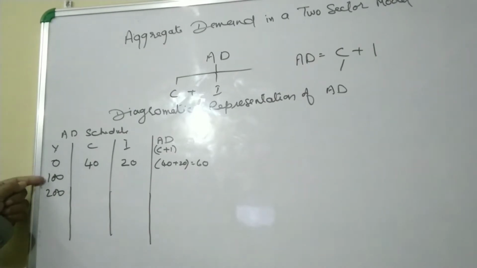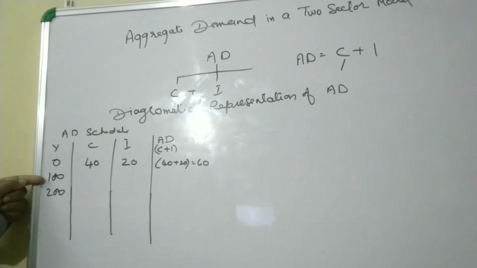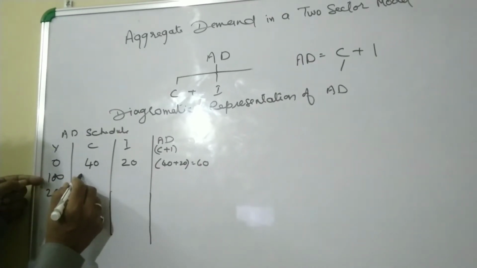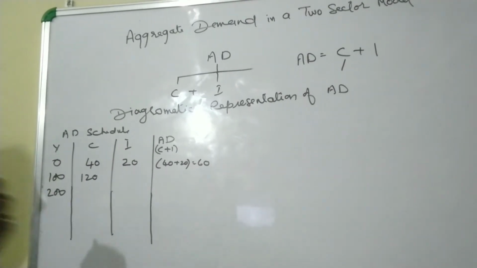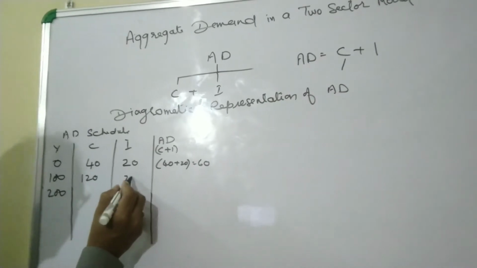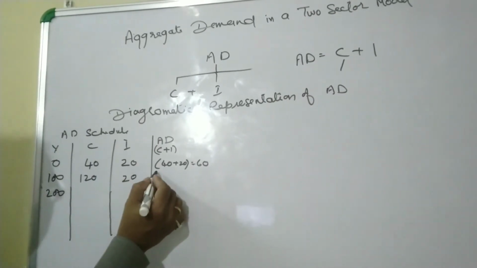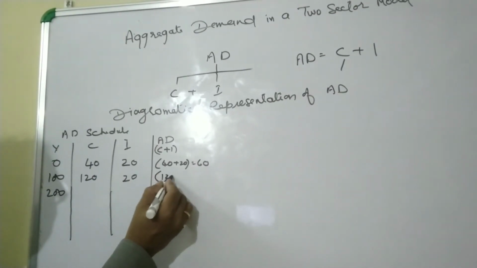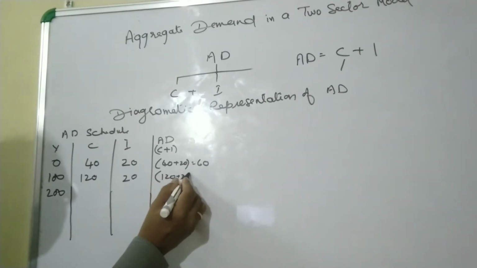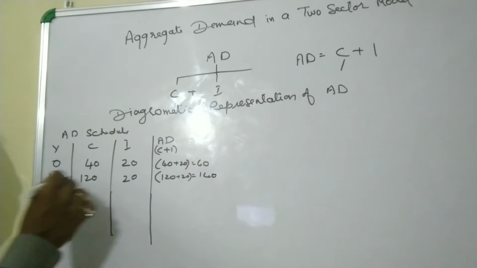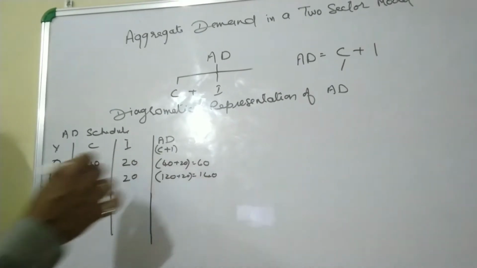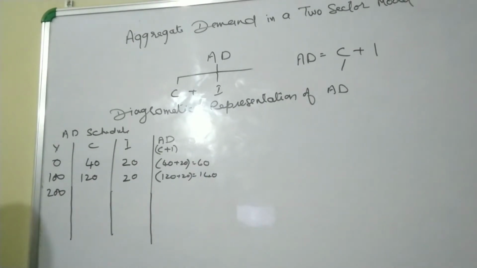Now income has increased, that has become 100. So your consumption is 120 and your investment expenditure will remain same, that is 20. So here C plus I is going to be 120 plus 20, so that is 140. Your income is 100 and your aggregate demand is 140.